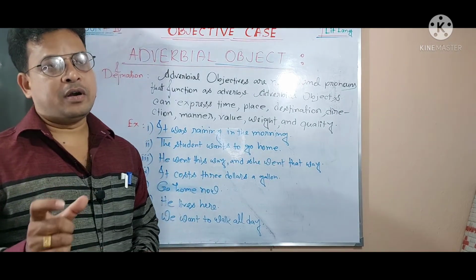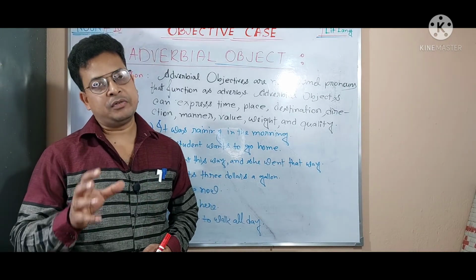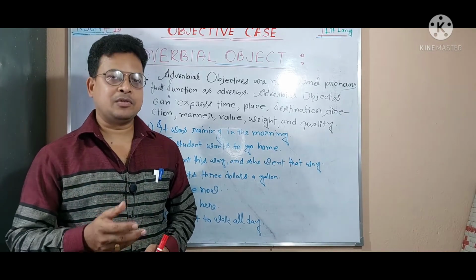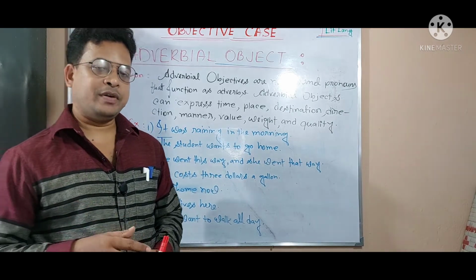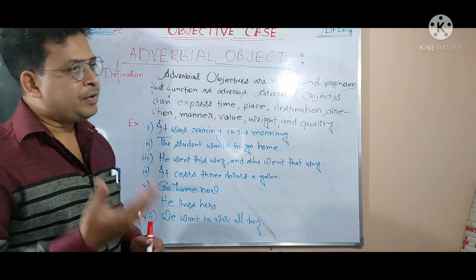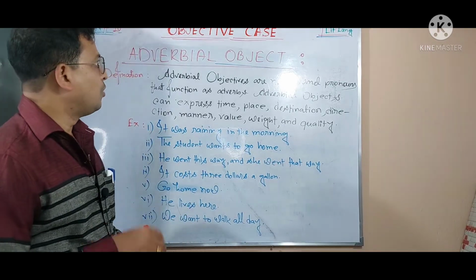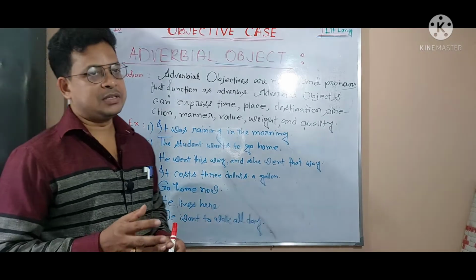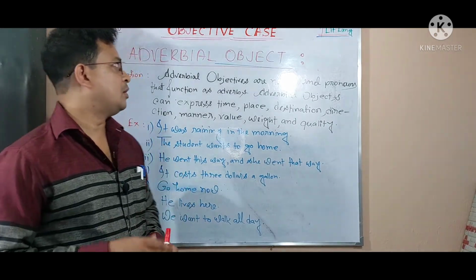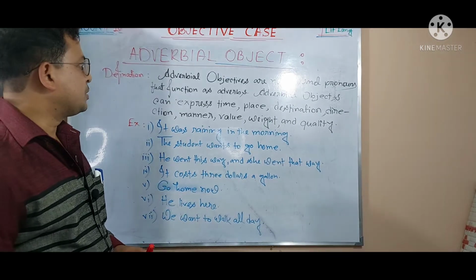It means words which modify a particular verb, adjective, and sometimes another adverb also. So here, the adverbial object, we will discuss under the same banner of the objective case. The adverbial object is the last part of the objective case.